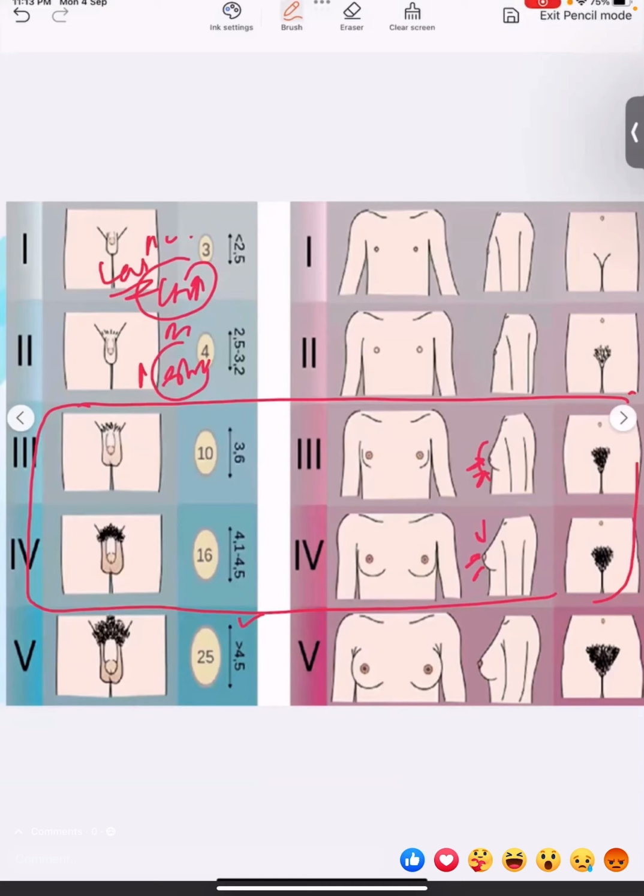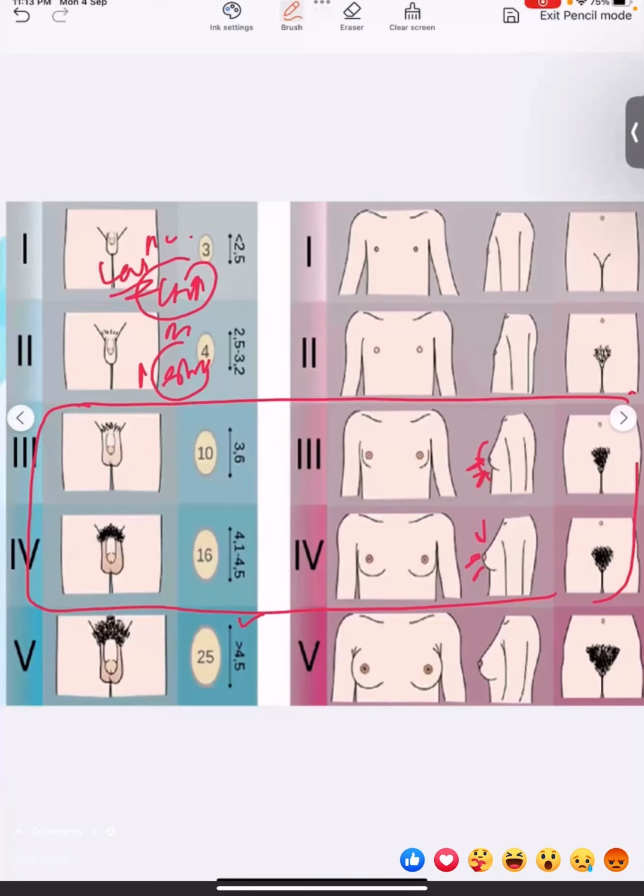In central precocious puberty, estrogen will also have an effect on other parts of the body. What are those in a female? There is reddening, there is moistening, and there is smoothness of the vaginal mucosa, which is a function of the estrogen. If it is central precocious puberty, these changes will be present in the vagina.